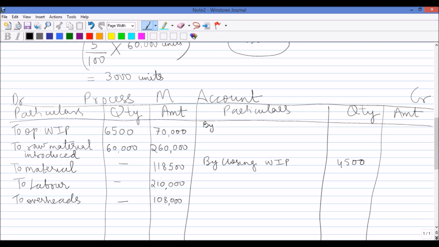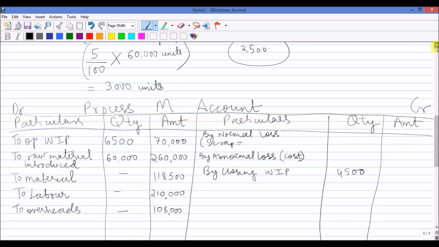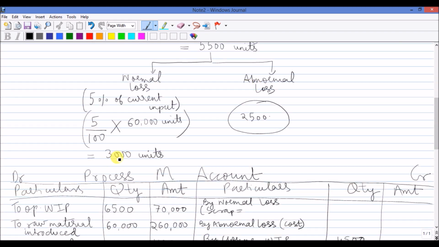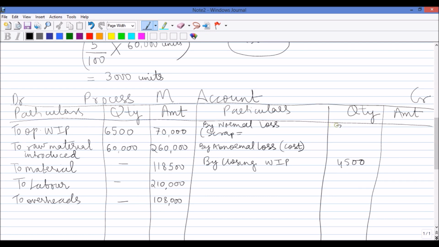Here I'm going to write the normal loss, and this has to be multiplied by the scrap value, and then here I'm going to write abnormal loss, and this has to be multiplied by the cost. I'm not aware of the cost. How much is the normal loss? 3,000 units and 2,500 units. So 3,000 units here and 2,500 units here.